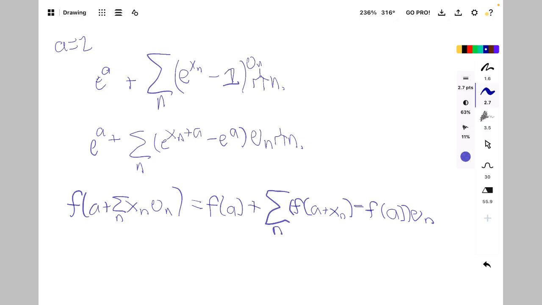So that's the correct formula for that. And while I'm not going to prove it in this video, it's very easy for you to prove just using Taylor series.